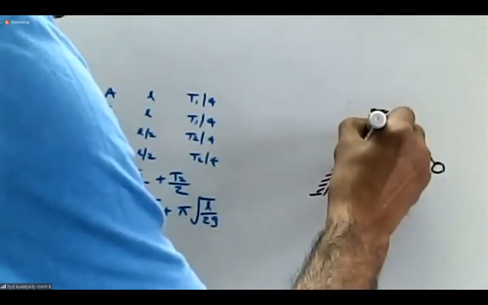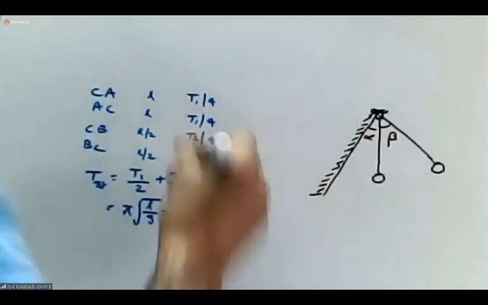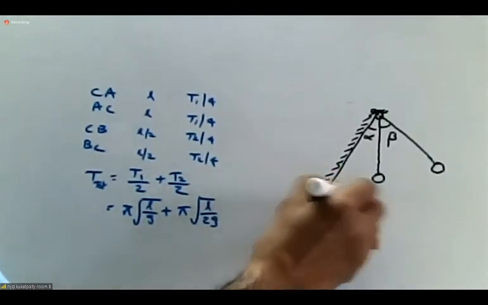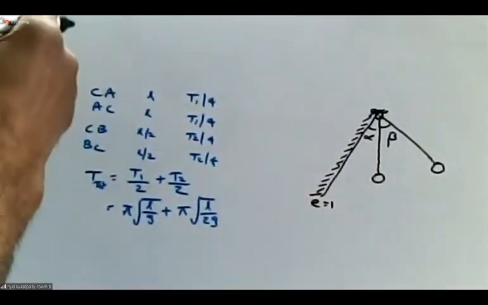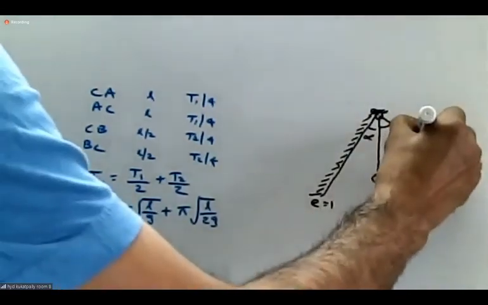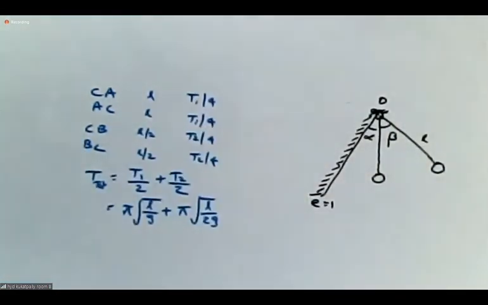At an angle alpha, the wall is there, and e equal to 1 here. The ball collides with the wall. Perfect elastic collision. Length is L. Point of suspension is O. Find the time period of oscillation.